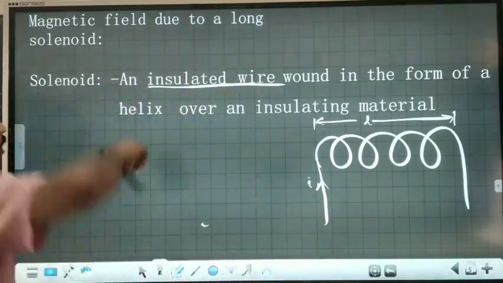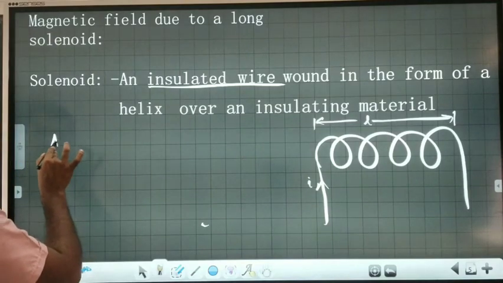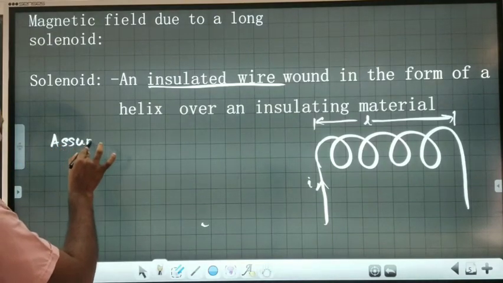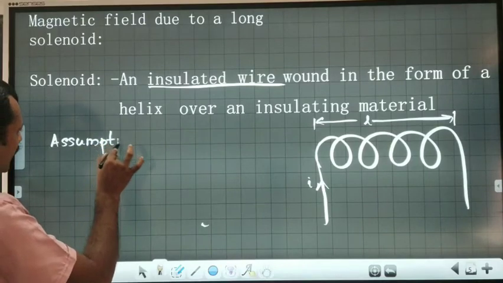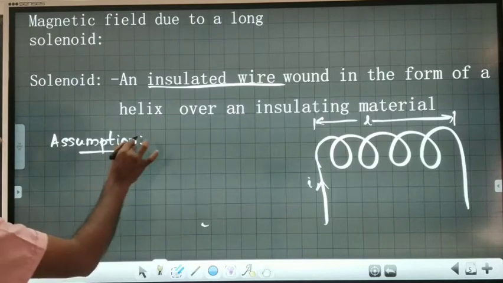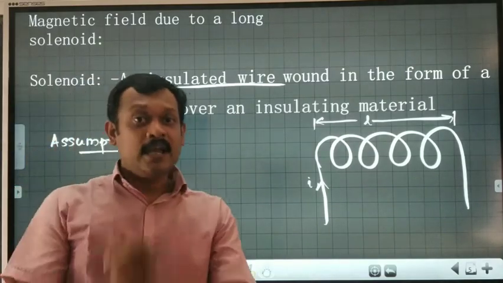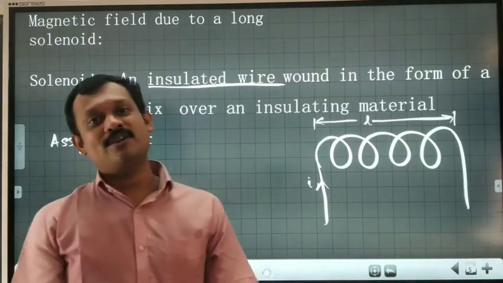Now, before we go to the analysis of a solenoid, we have to make two assumptions. These two assumptions are very important in understanding the solenoid.